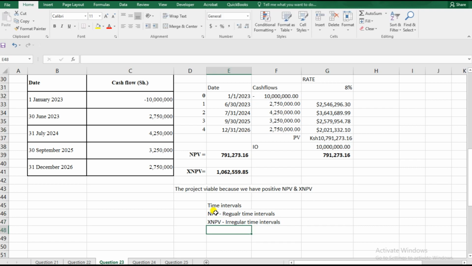Then, another cause of difference is that, let me show you here.